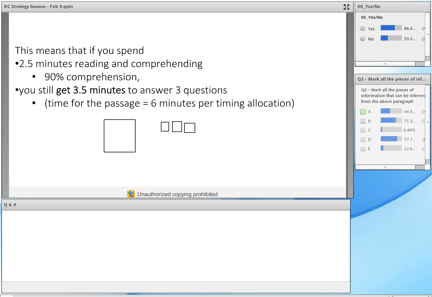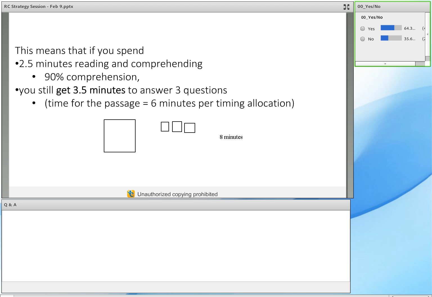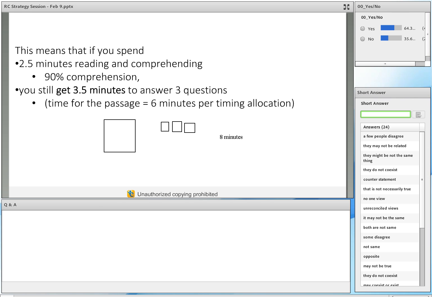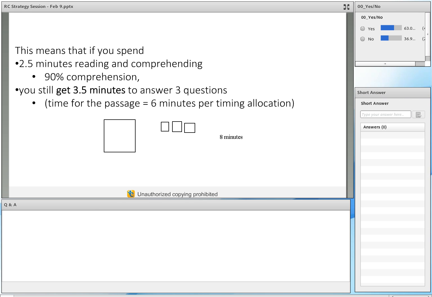You've invested about 6 minutes of your time for this particular passage, or let's say more realistic is 8 minutes. Actually, let me get information from you instead of assuming. So how much time today do you spend on a typical RC passage? Because we'll be talking in terms of proportions, you can just tell me overall how much time.